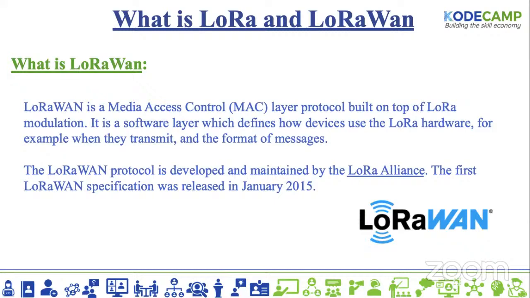In free space or line of sight, it tends to transmit very, very far, tens of kilometers, depending on the type you are using. So the higher the spreading factor, the higher the range and the higher the penetration of the broadcast.